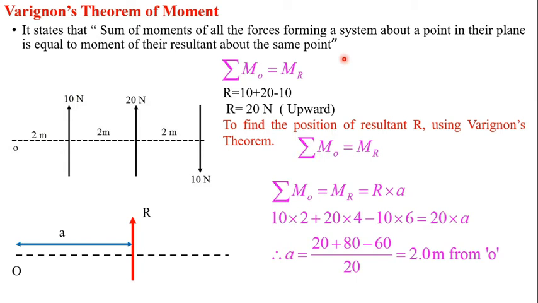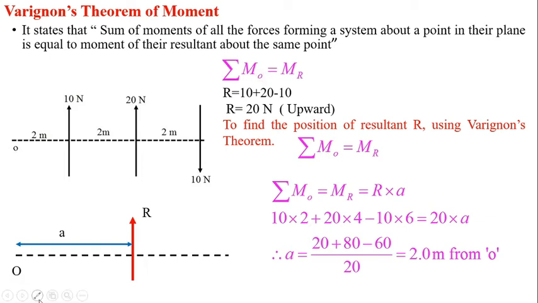Algebraically it can be written as summation M about point O is equal to MR, where MR means the moment of the resultant, of course about the same point O.